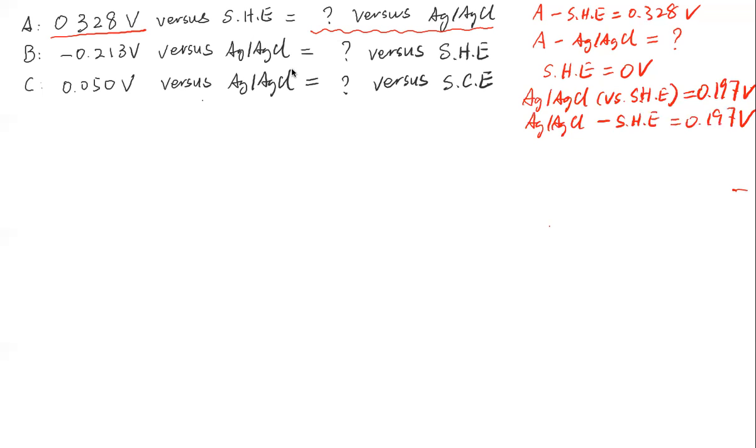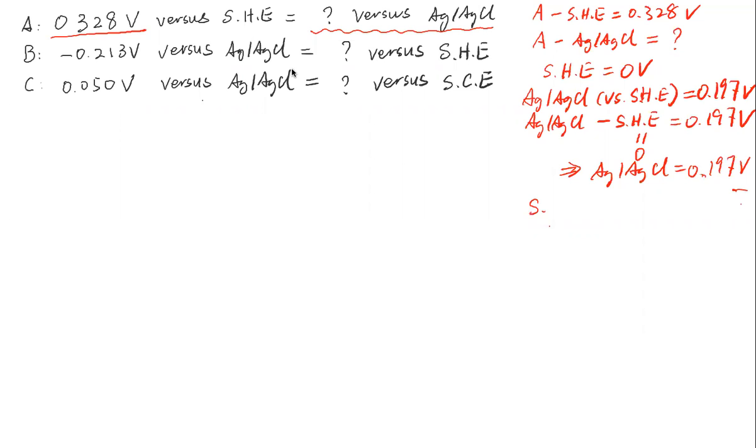And we know SHE is 0. So we can say that silver chloride is just defined as 0.197 volt, okay? And same thing for the SCE. The SCE, I believe, is 0.241.